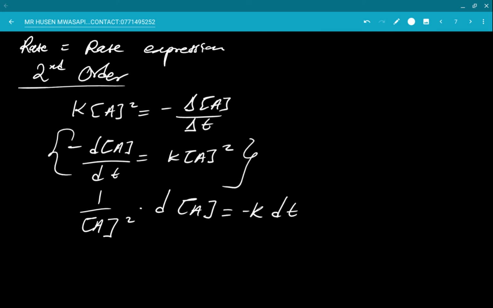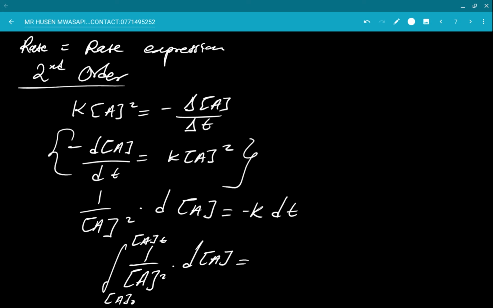So after that, you can just integrate this part. If we integrate, we end up having 1 over this, and we take the integral from A naught to At. We do the same on this side from 0 to t of minus k dt.